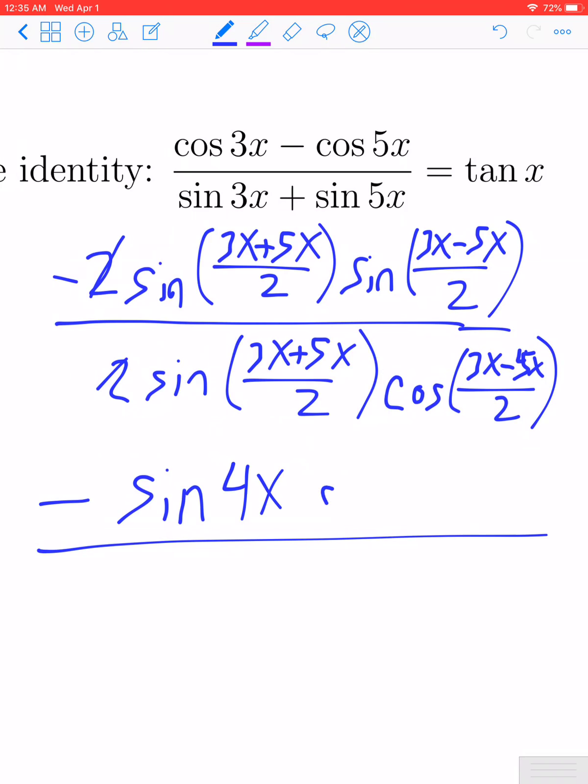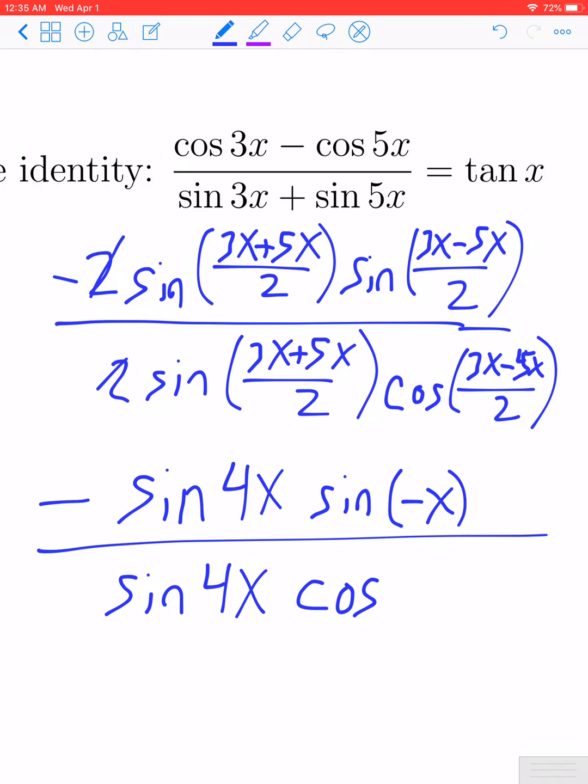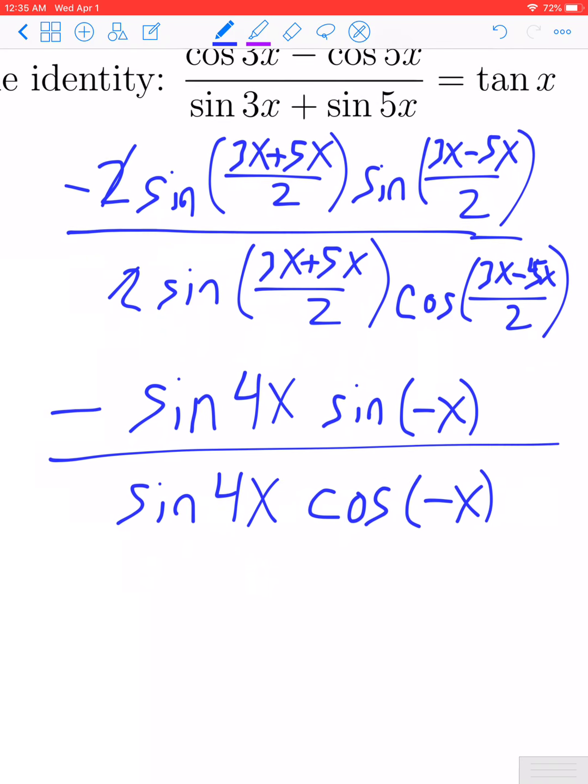We now have the sine of 3x minus 5x is negative 2x, divided by 2 will be negative x. In the denominator, we're going to have the sine of 3x plus 5x is 8x, divided by 2 is going to be 4x. And then we have the cosine of 3x minus 5x is negative 2x, divided by 2 is going to be negative x.